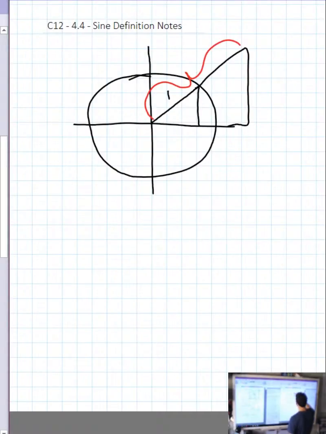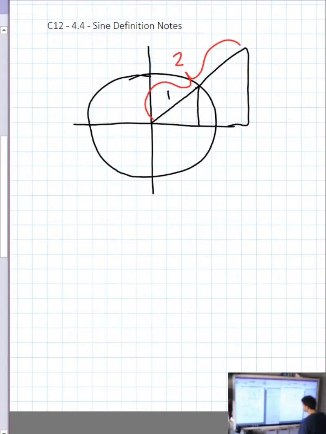And I'm going to call this length 2. So what I've done is I've taken the old hypotenuse of the unit circle with a radius of 1, and I've increased that hypotenuse to 2.